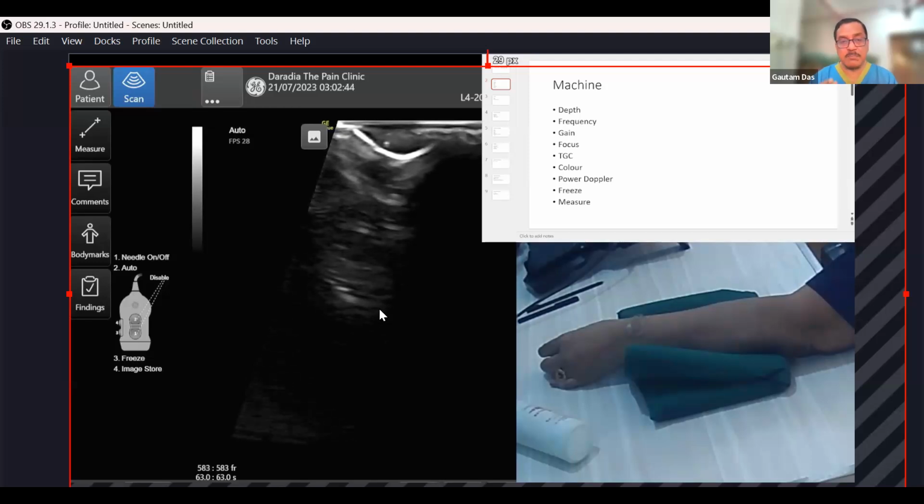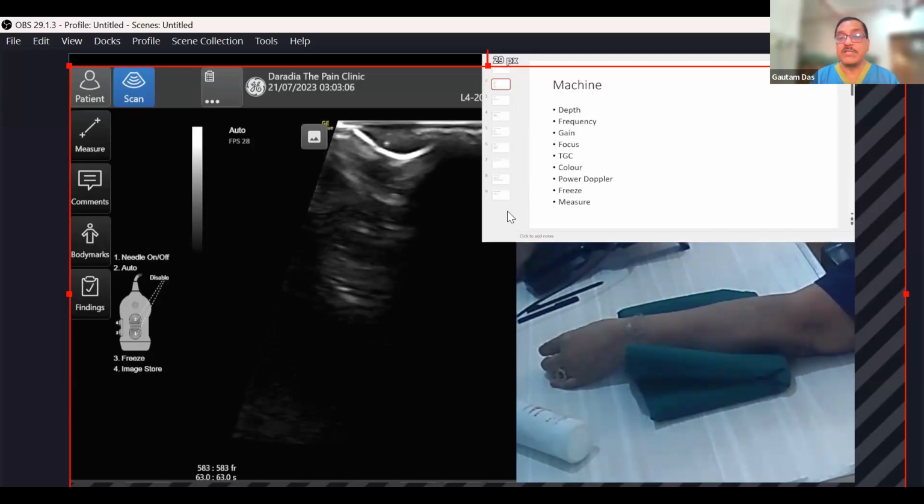So time gain compensation means that you are compensating or changing the gain depending on the time or depth. Here, time is equivalent to depth. So you are changing the gain at different depths. You understand why we call it time, because depth is determined by the machine as the time when the echo is coming back.